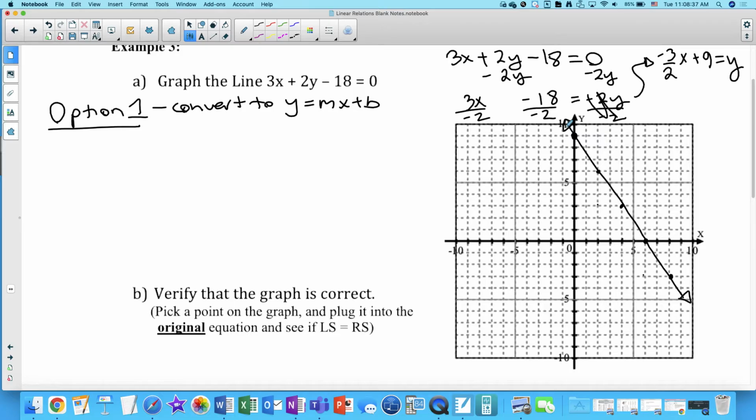And I would say that this is the one that most people use, especially when you're in grade 10, because we're just really used to graphing from this form. What I personally do when something's in general form is I actually use the intercept method. And that actually comes back to our last unit.